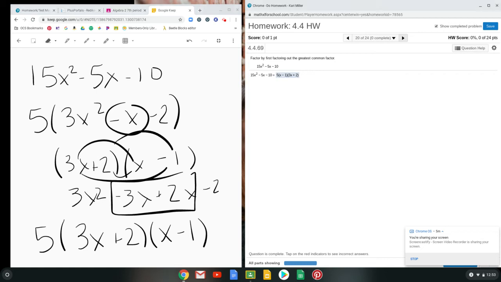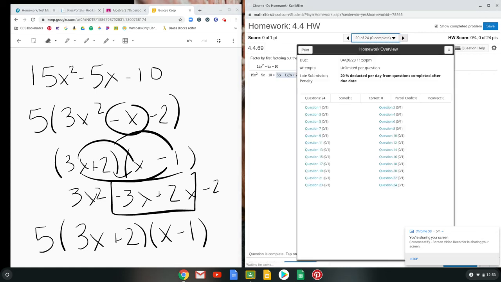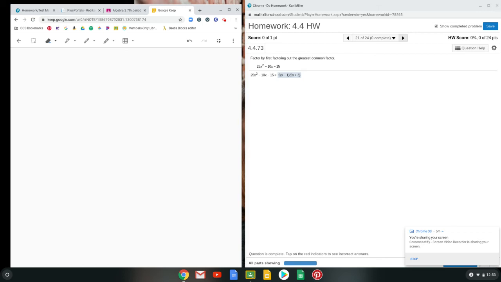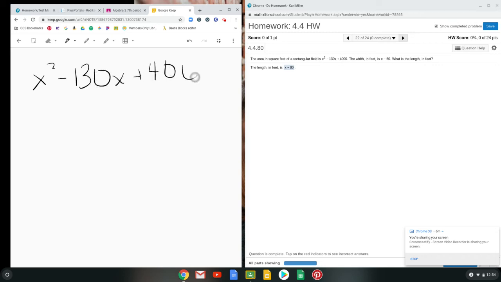All right, number 21 is doing the same thing. Okay, number 22. This one is a word problem. It says the area in square feet of a rectangular field is x squared minus 130x plus 4,000.